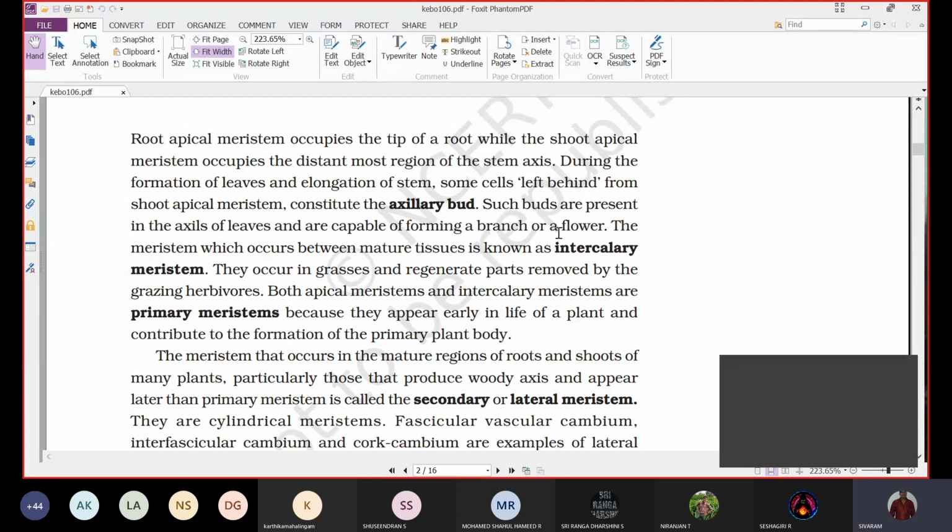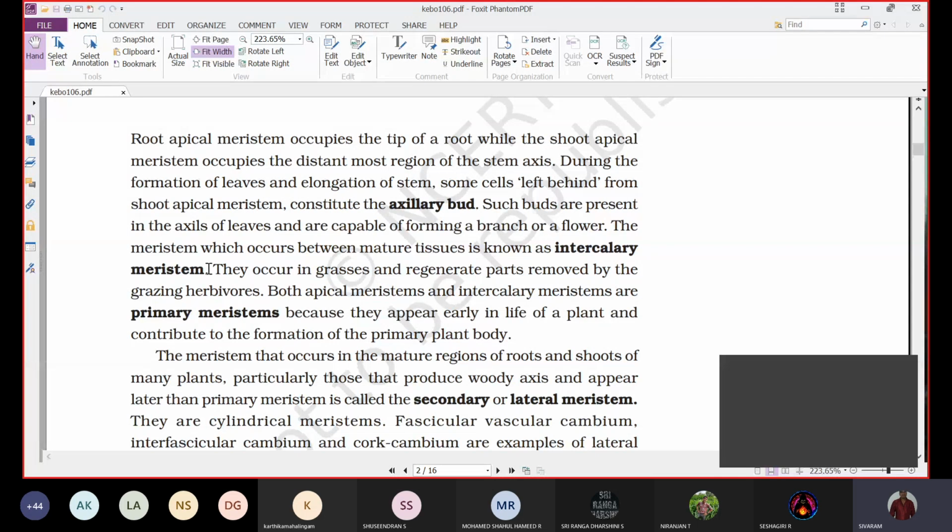The meristem which occurs in between the mature tissues, we are calling it the intercalary meristem.